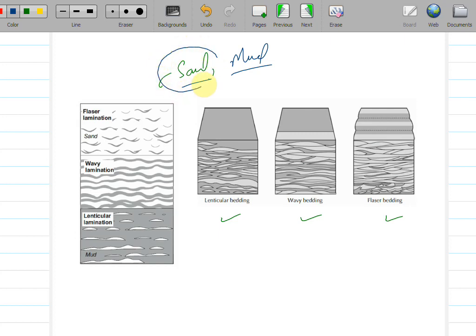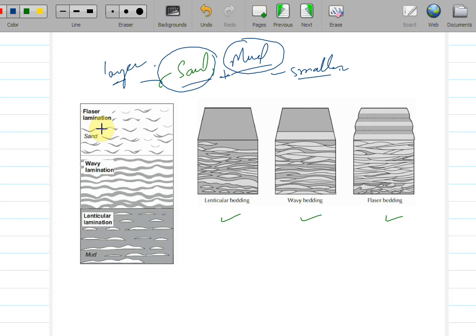Obviously, they both are different because of their sizes. Mud is smaller in diameter. Okay, mud particles are smaller in diameter. It is made up of clay and silt, while sand is larger in diameter when we are comparing it to mud. So basically, these beddings are formed by a mixture of these two sedimentary particles. So when we have flaser bedding, you can see that mud is very low in amount and sand is high in amount, right?